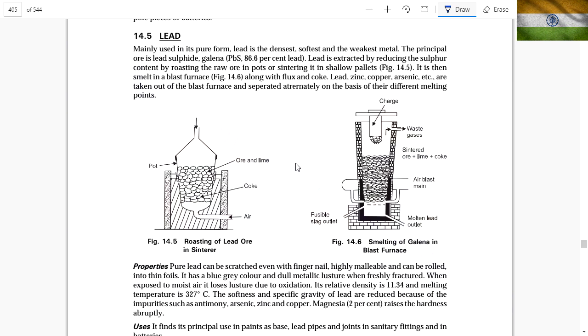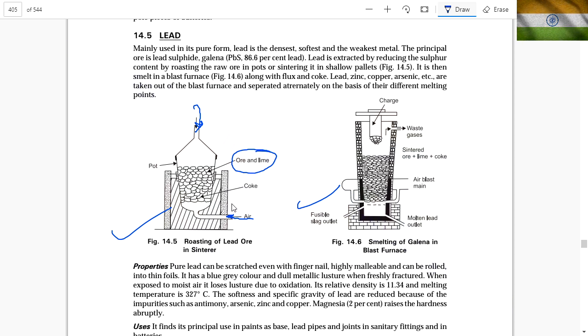Then the lead, yes, lead. We have two processes here, so you just read this process. You put the charge here, then you have the air you are blowing from here. This is the coke, and this is the ore and lime, ore with the lime, and you will get that particular thing, right?